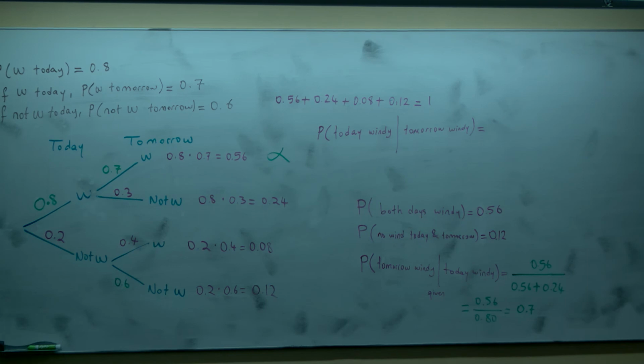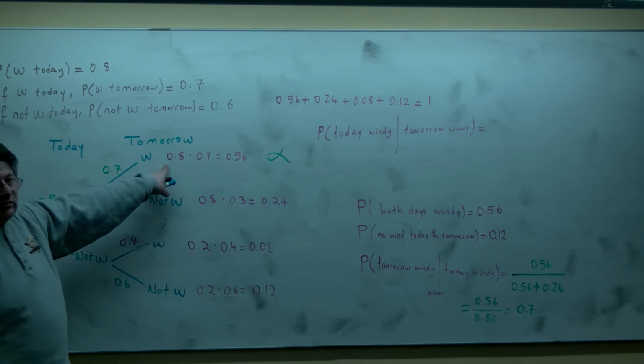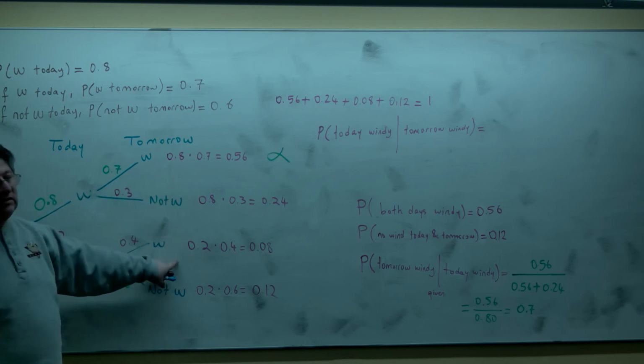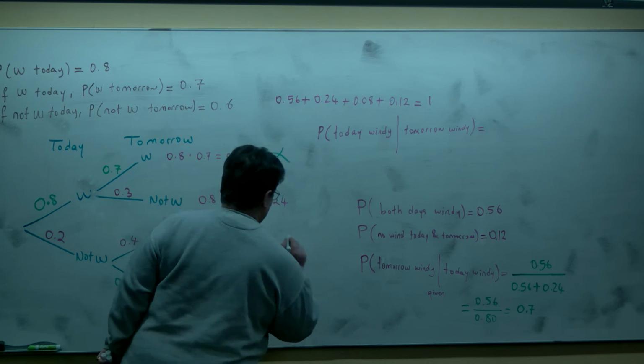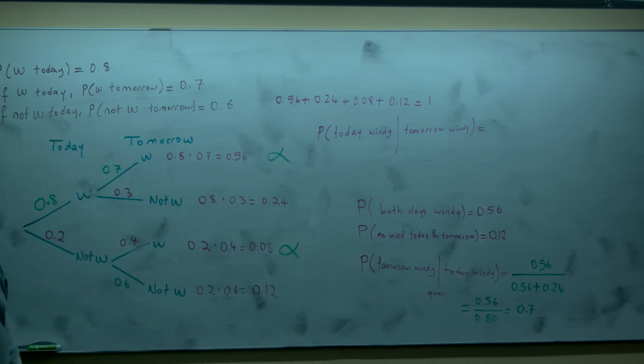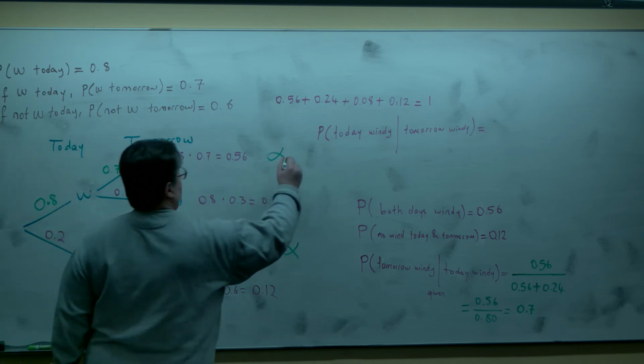If today is windy, no, if tomorrow is windy, I'm interested in the first one. I'm also interested in the third one. Okay? Now, this is my sample space. And out of these two, which one do I want? Today being windy. That's this one.